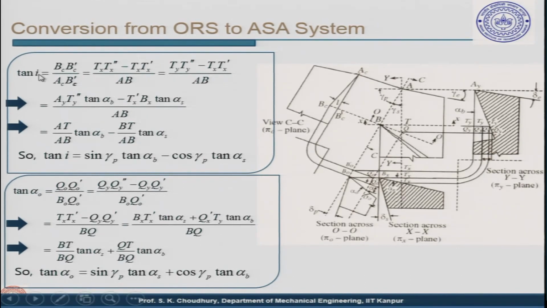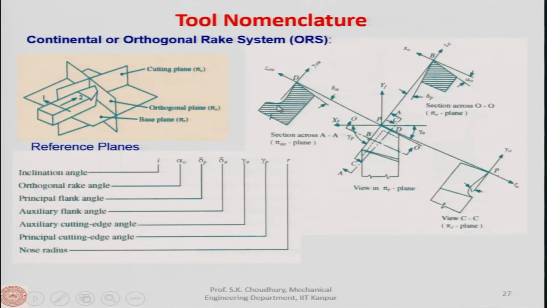is that tan I relates to sin gamma p, okay, tan alpha b. So, you can see that tan I, this is in the ORS system, sin gamma p, it is in the ORS system, that is the principal cutting edge angle, you can see that it is in here, all right, gamma p, okay, and I angle is here, this is the tool inclination angle.